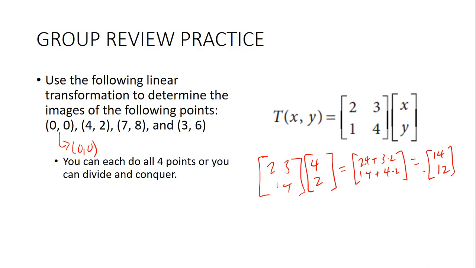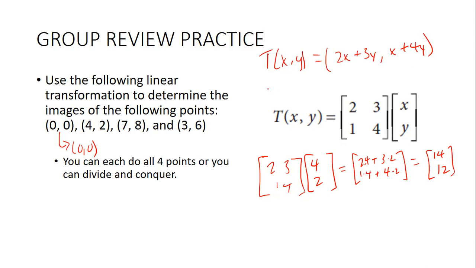You could have done it, right? Way number two is I'm going to do it with 7, 8. What if I wanted to do it as a coordinate? I could have converted this to T of x comma y equals 2x plus 3y comma x plus 4y.